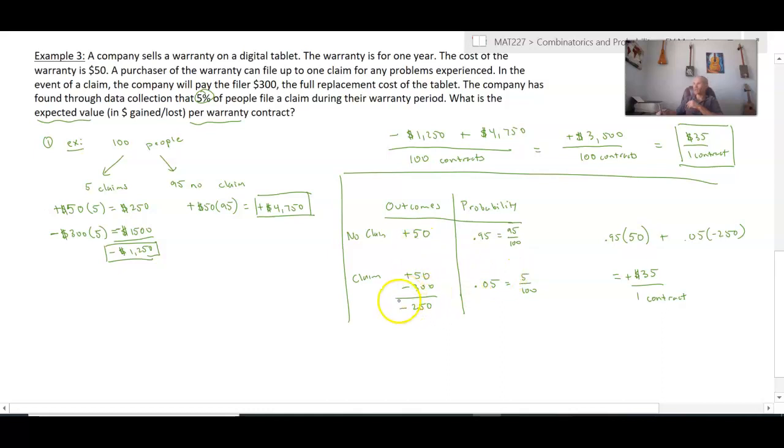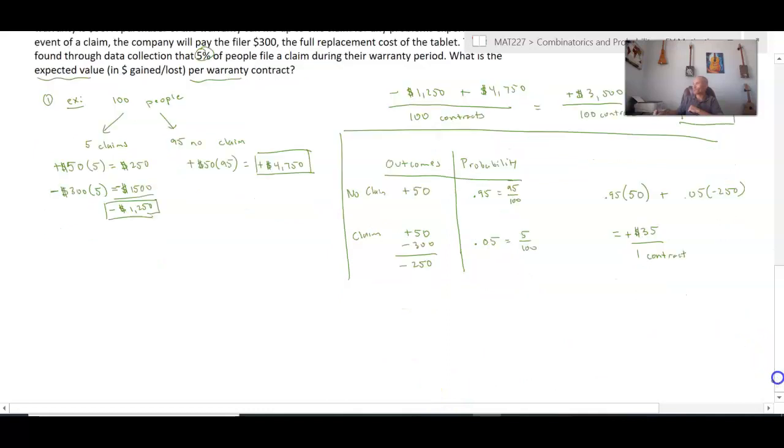So there's a higher severity on the loss, but there's a much higher frequency on the gain, right? High frequency on the small gain, high severity with a low frequency.